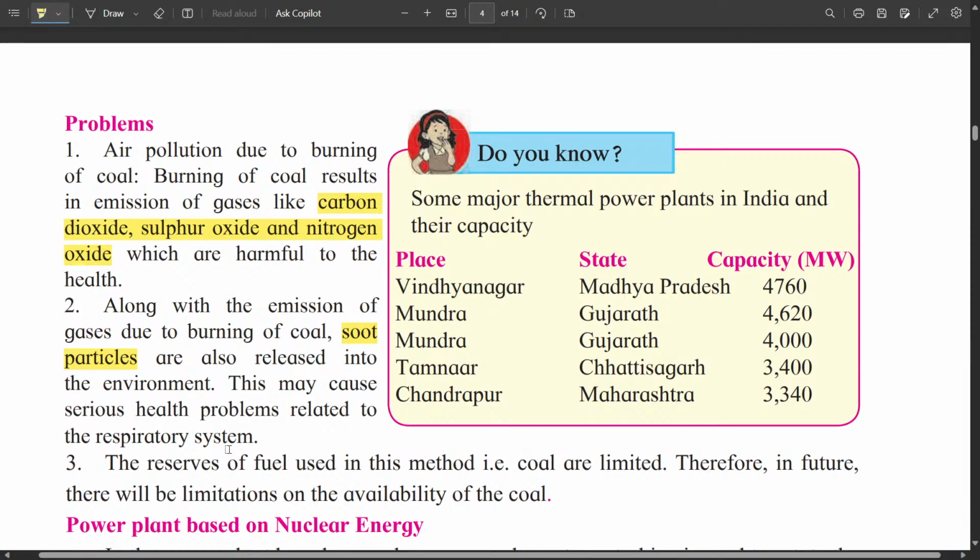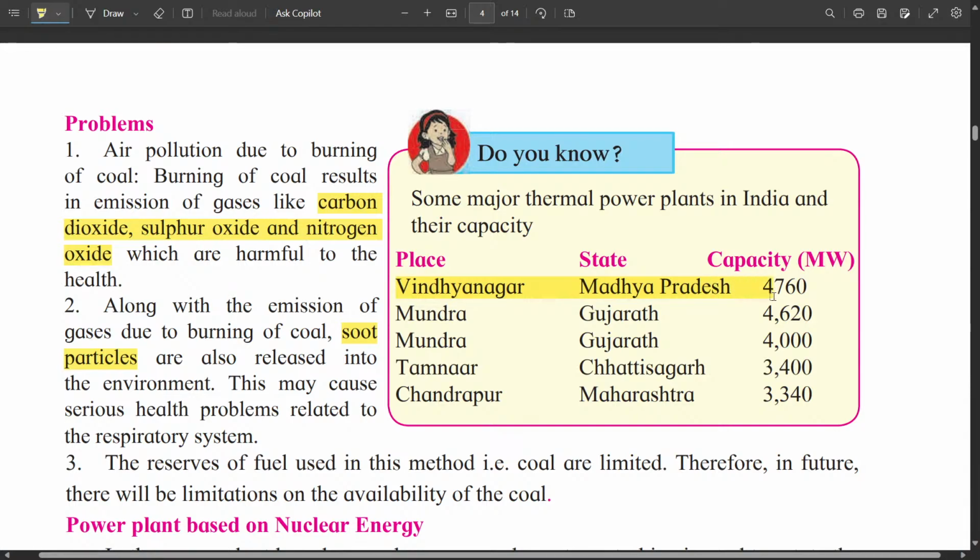So in the next few hundred years, all the coal storages will be wiped out, will be finished. So we have to look for an alternative to that. But at present, the major part of electricity in India is produced by such thermal power stations.